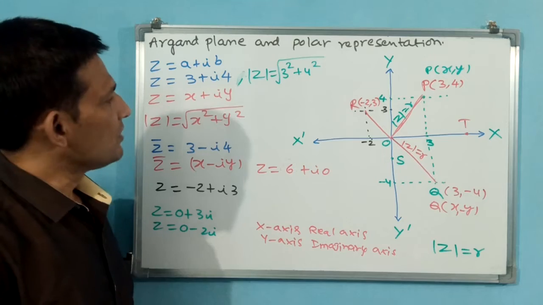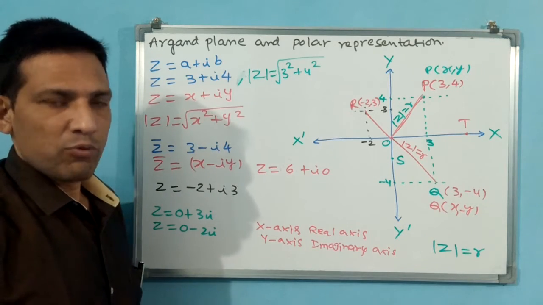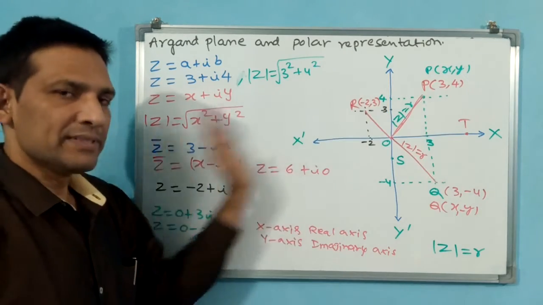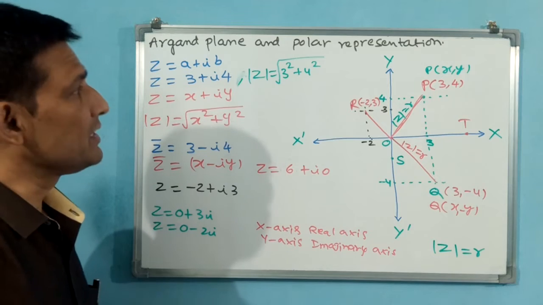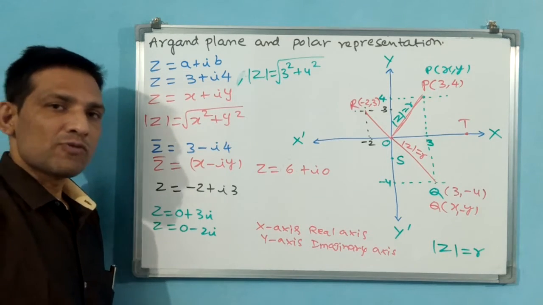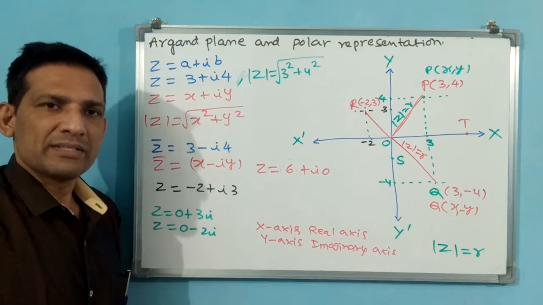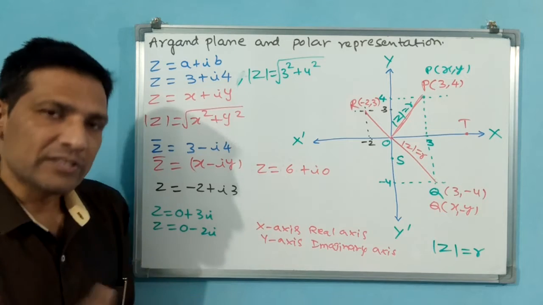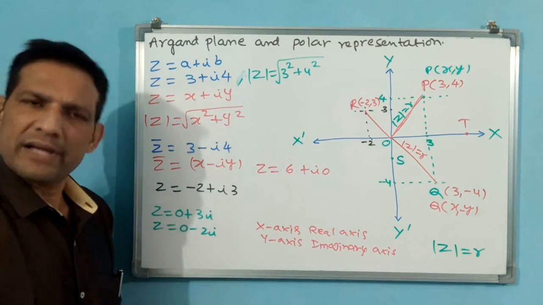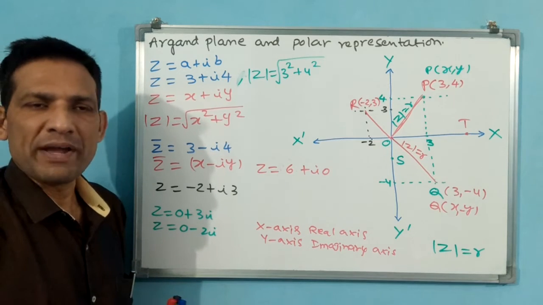Now I am going to rub this out and let us go for polar representation. For polar representation, only one quadrant I am taking, the first quadrant. We will draw the polar representation. Why? Because we also have to know the principal argument. This angle is also restricted, like principal values. In trigonometry, we learnt general solutions, angles only, and principal solutions, angles only, 0 to 2 pi.